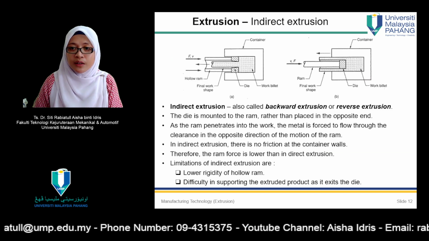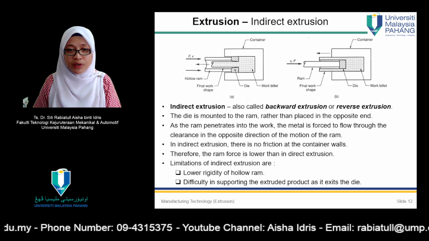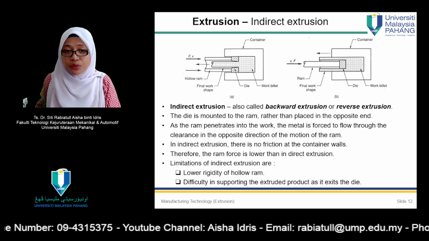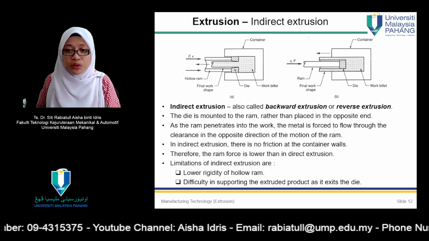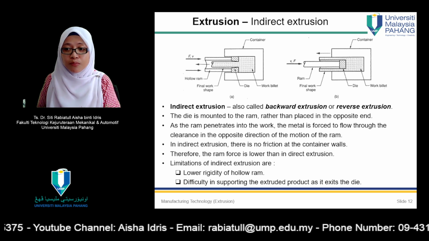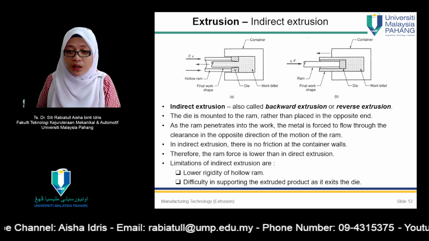Okay. So let's look in detail at what is indirect extrusion. It is also known as backward extrusion or reverse extrusion because the die or the billet itself moves the other way around once the ram is being pushed towards it.